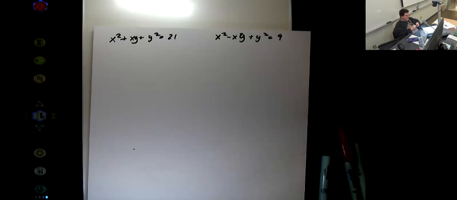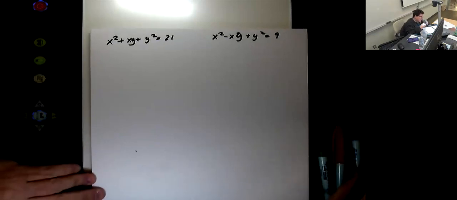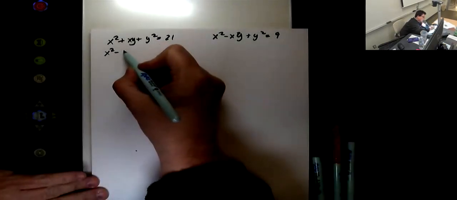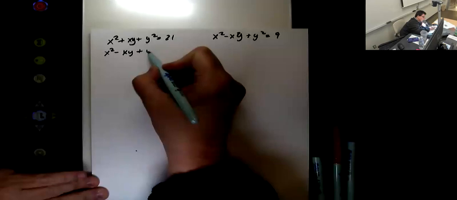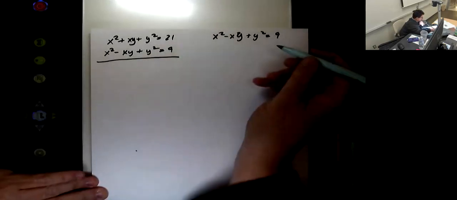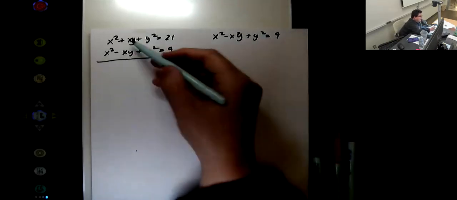So what I'm seeing here, the first thing I would say is, well, if I see them stacked above one another, it looks like if I add them up, I can get rid of the xy.